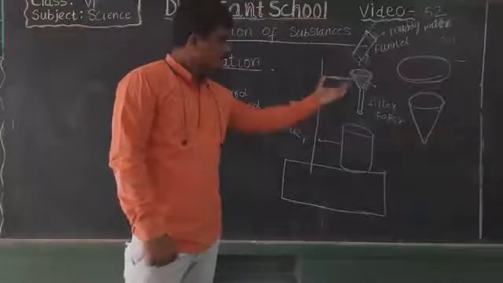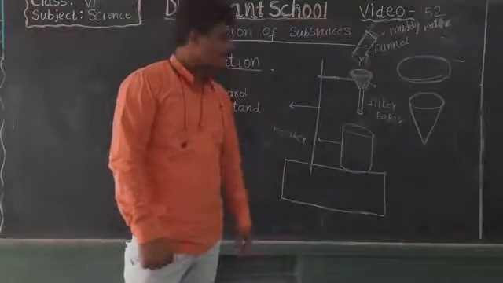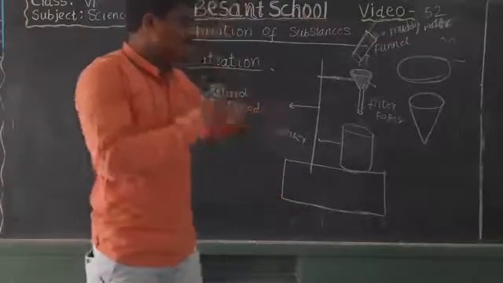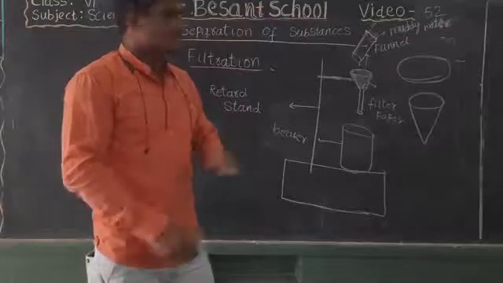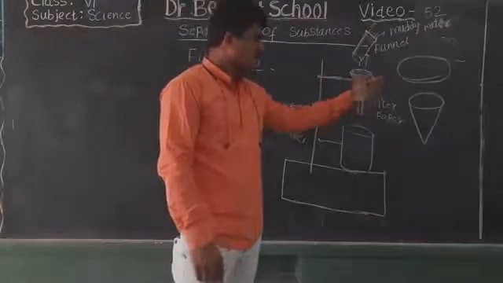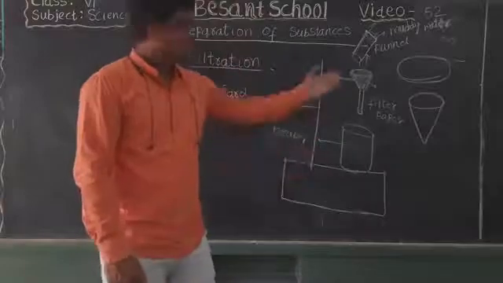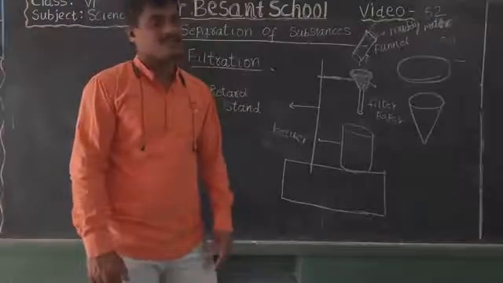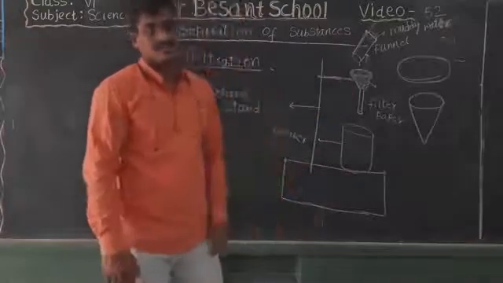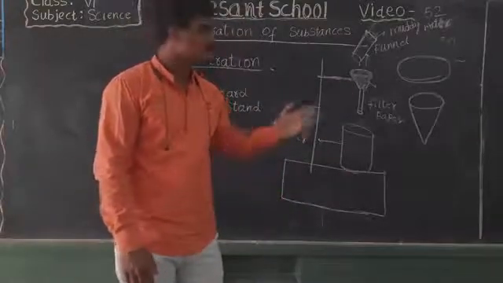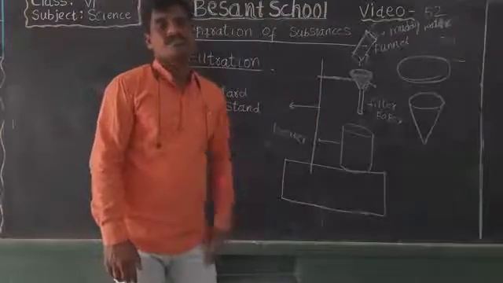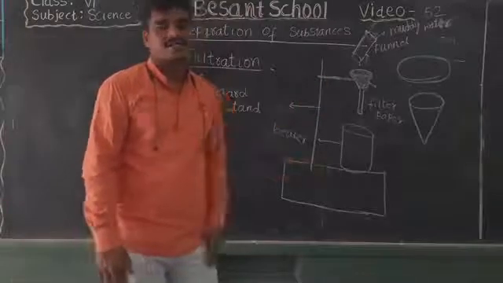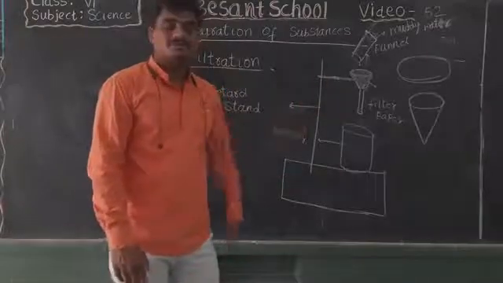Take one filter paper, fold it in the shape of a cone, and insert it into the funnel. Adjust the paper in such a way that there should not be any gaps. If any gap is there, the water passes through it, and there is a chance that we will get muddy water. We will not get purified water. We have to insert it exactly into the funnel.